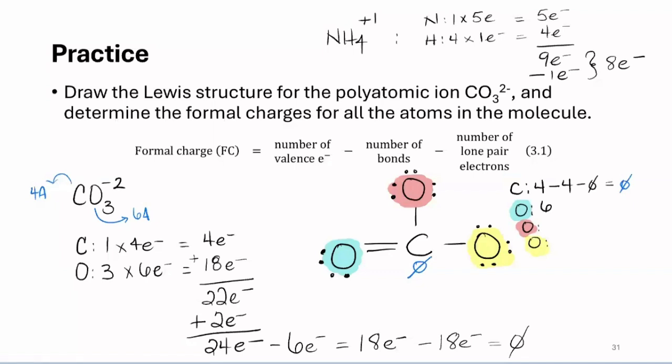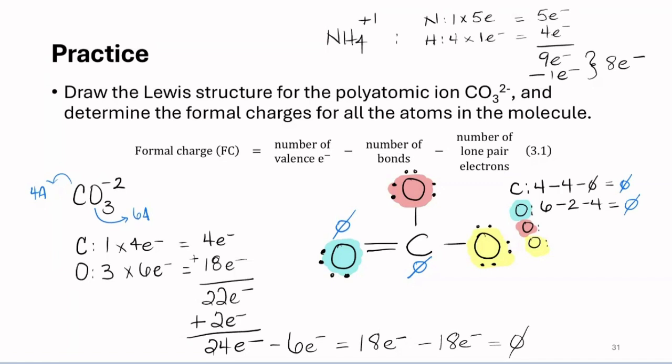When it comes to the number of bonds, it has 2 bonds. So we're going to subtract those 2 bonds. When it comes to how many lone pair electrons are around that oxygen in blue, we have 1, 2, 3, 4, minus 4. So that means overall that when I take 6 minus 2 minus 4, the formal charge for that oxygen in blue is also 0.